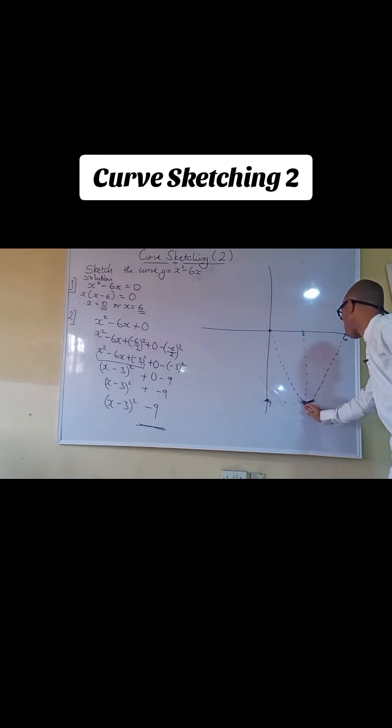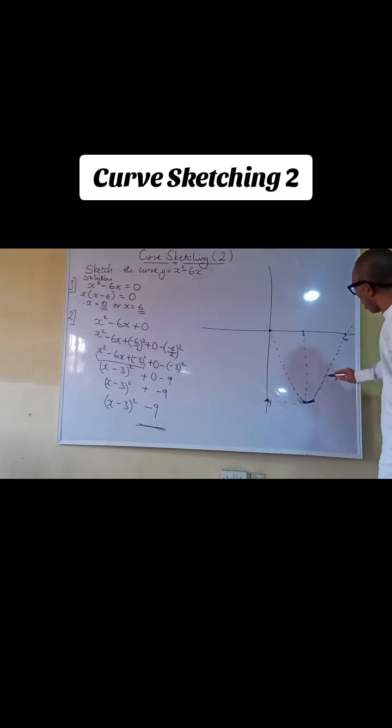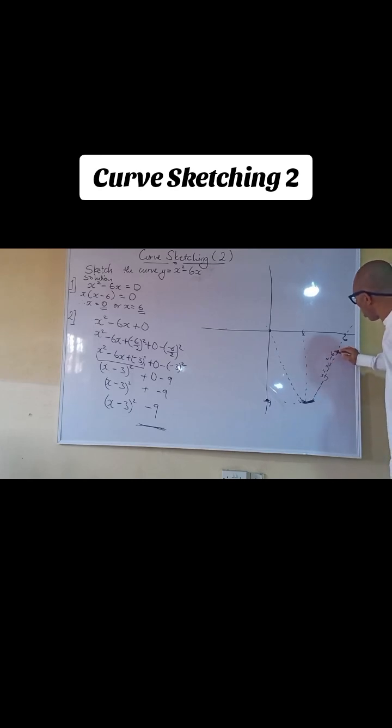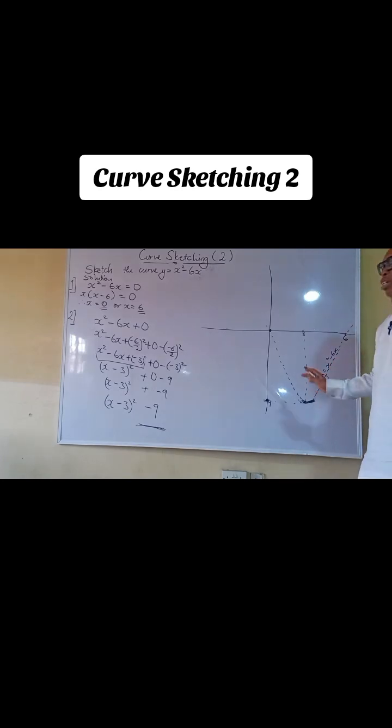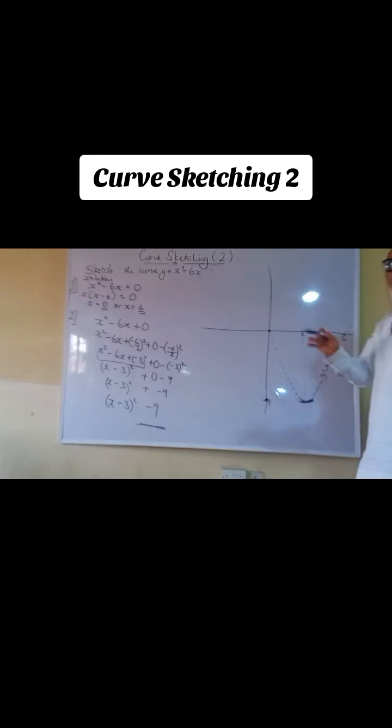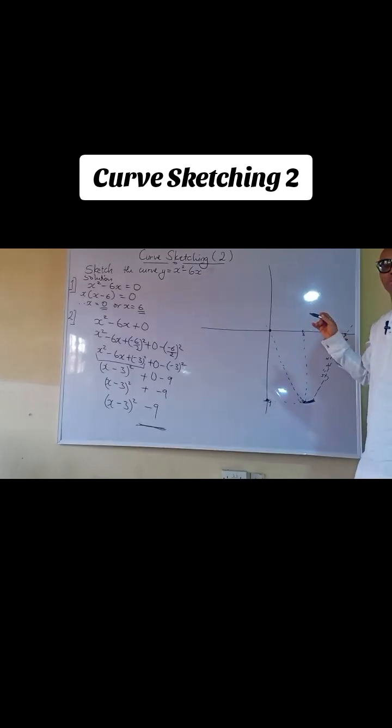So the lowest point is minus 9 at x equals 3. And then we have our graph y equals x squared minus 6x. So this is another way to sketch the curve using the algebraic method, which is the same curve as the one we did using the calculus method. Thank you.